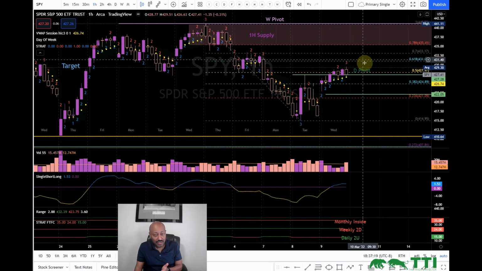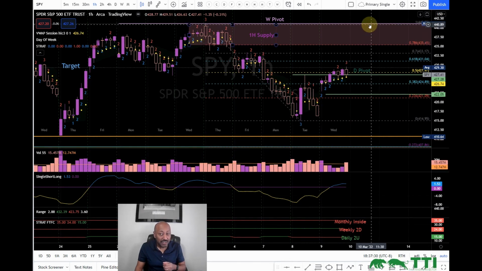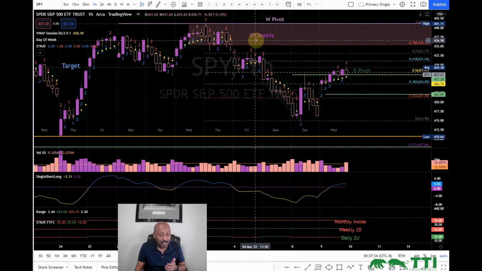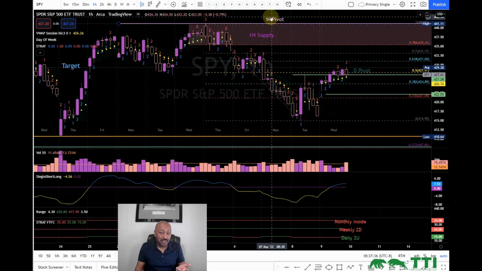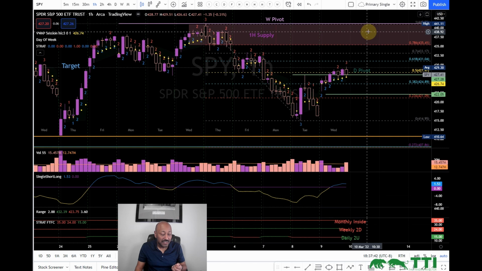The 432 to 436 area is my exit. If we gap up and blow through a couple of those, fantastic, it's to my advantage. I still exit because I still have 440. That area of supply zone is still a problem for me. Last week's high is still a problem for me.